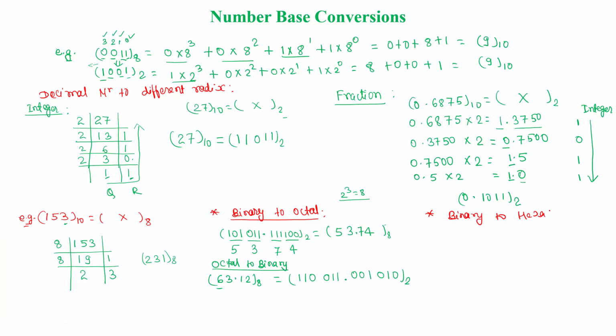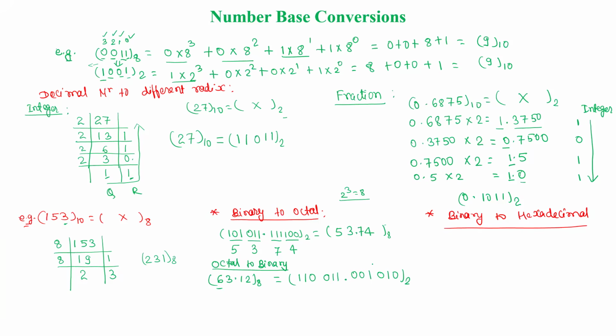Now the binary number will be converted into hexadecimal. Hexadecimal is what? 16. 16 is what? 2 to the power 4. So that's why we take the combination of 4 bits here. And in hexadecimal, coefficients are 0 to 9, and again A to F.